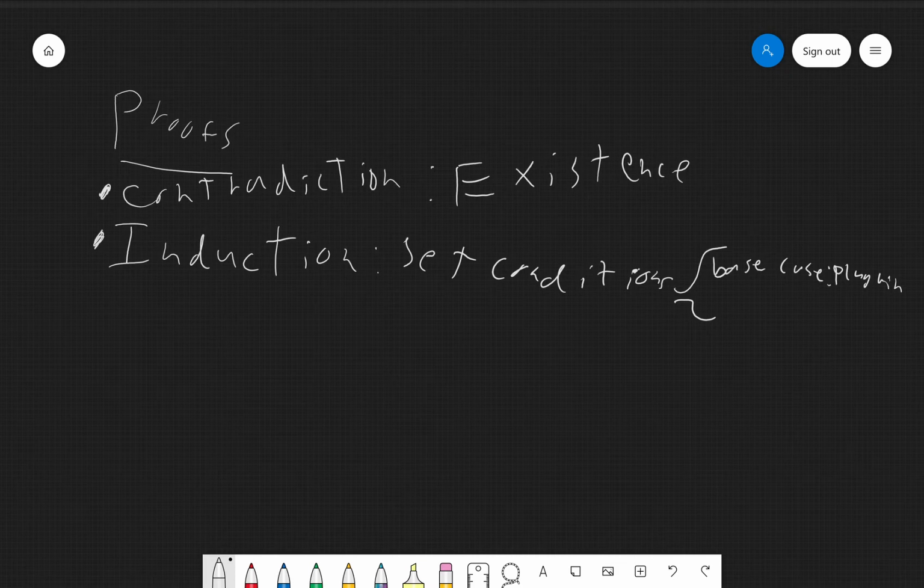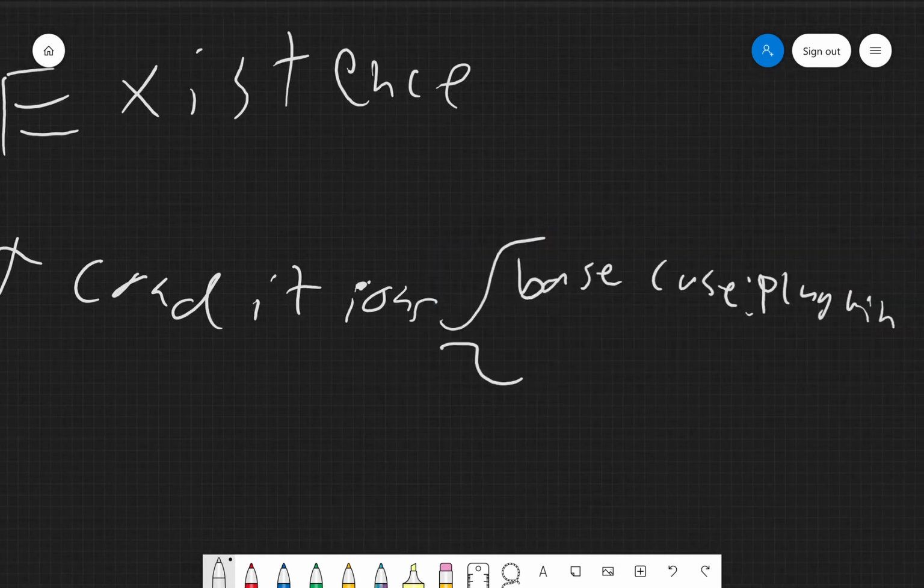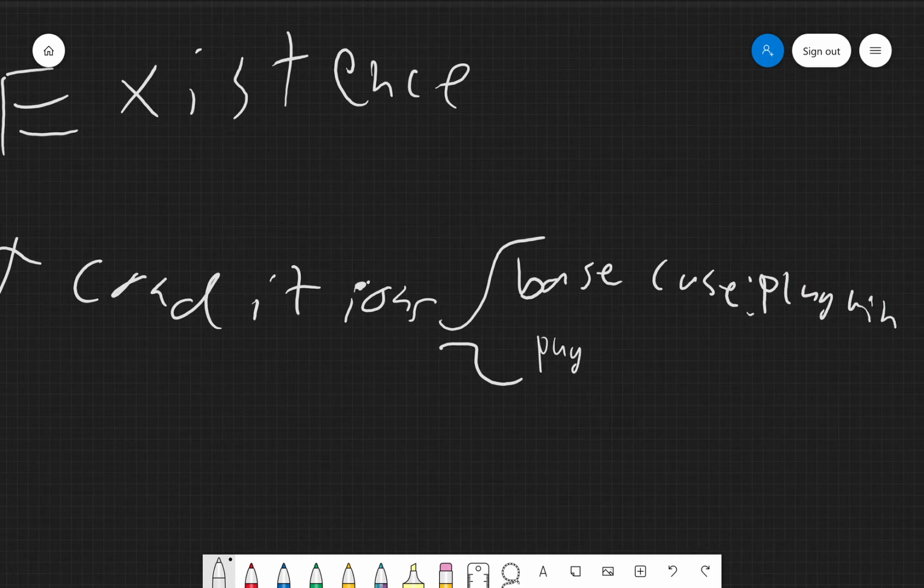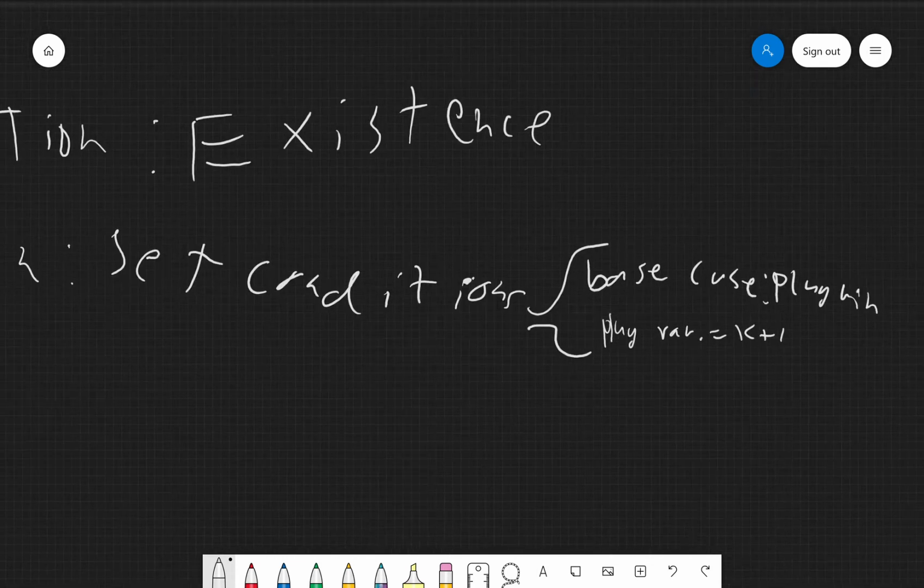The next step is a little harder. You plug in the variable equals some constant k plus 1. Obviously, if you plug it in for, let's say, k, then it's going to work.